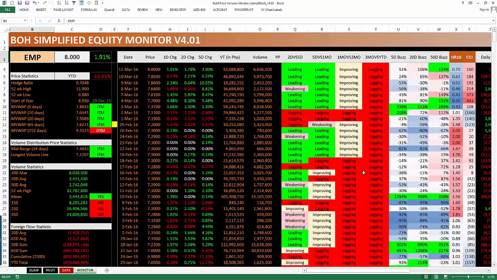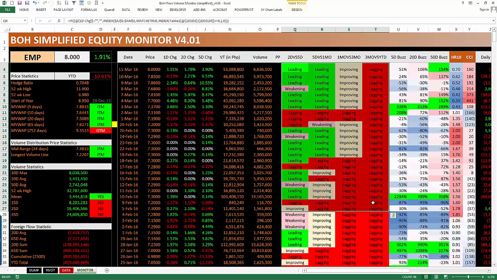It was just requested when I was first putting together the BOHSEM that we have a traditional momentum indicator. But as it is, I think our momentum indicators here are robust enough.